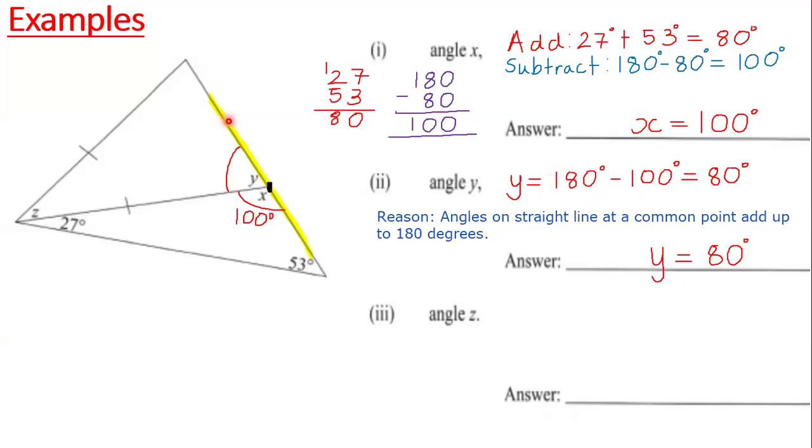Angles on a straight line at a common point add up to 180 degrees. Very good. So these are on a straight line, at a common point, and they should add up to 180 degrees. That's why we subtracted from 180, because angles on a straight line at a common point must add up to 180 degrees. You understand that? Yes, sir.